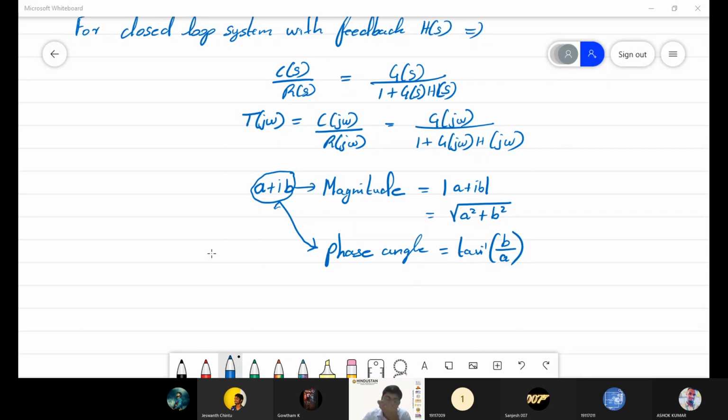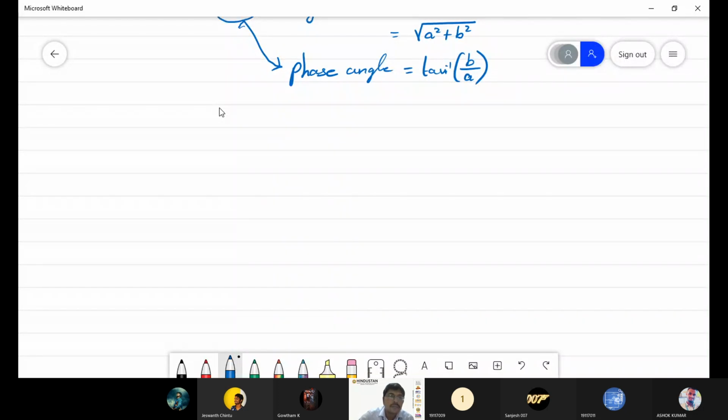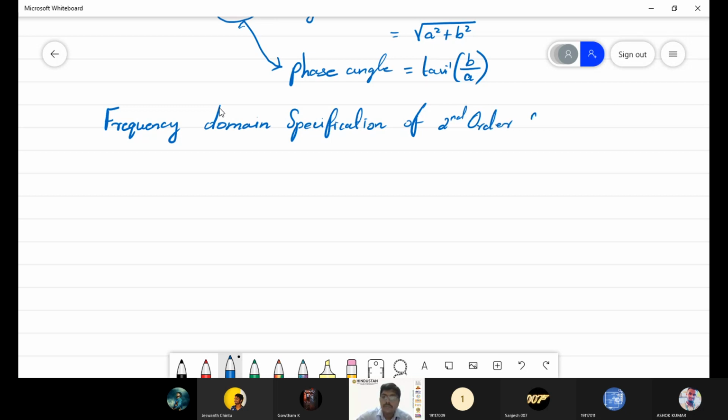Let us find one by one the frequency domain specifications of the second order system, like the time domain specification.